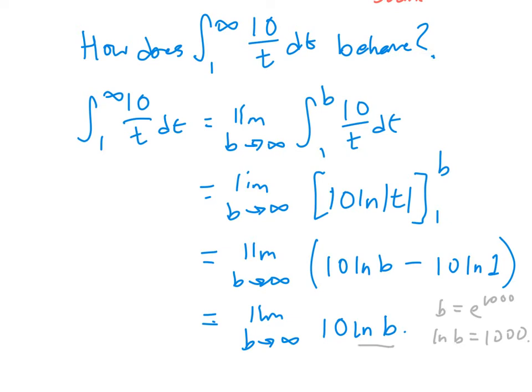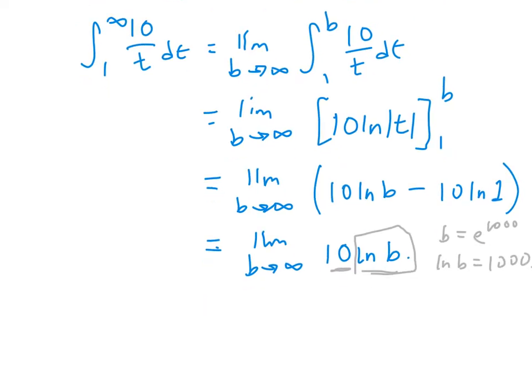So there's no limit on how big this can get, and the 10 is only going to make it even larger. That limit is infinite. So what we conclude is that the integral from 1 to infinity of 10 over t dt diverges, and it does not have a finite value.